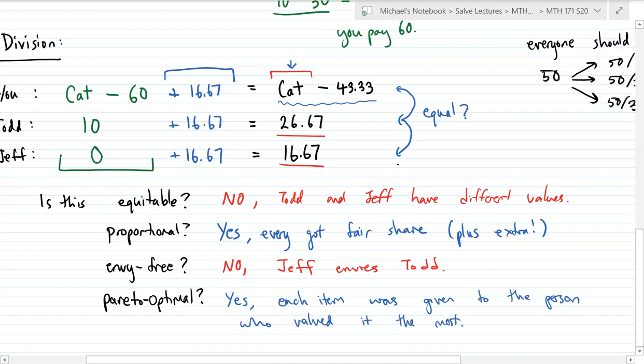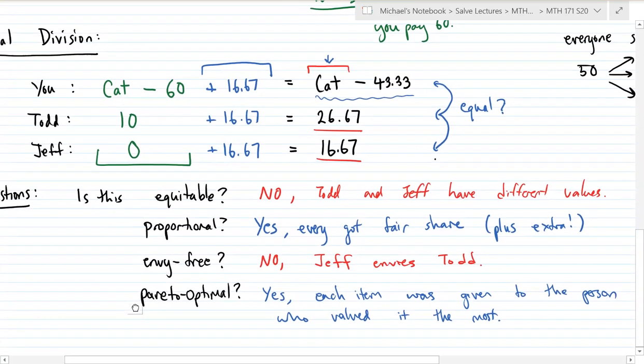There's no way to make everyone happier because we're already extracting the most value out of the cat. The cat is worth 90, and if we gave it to anyone else, it would just be worth 30 or 0, which would be much worse.